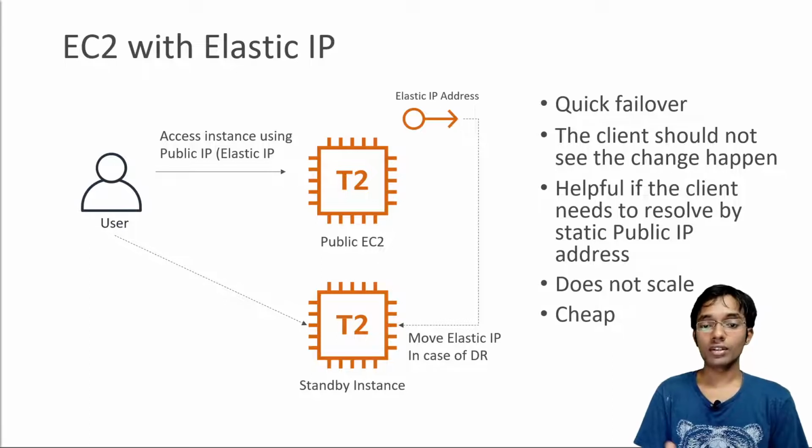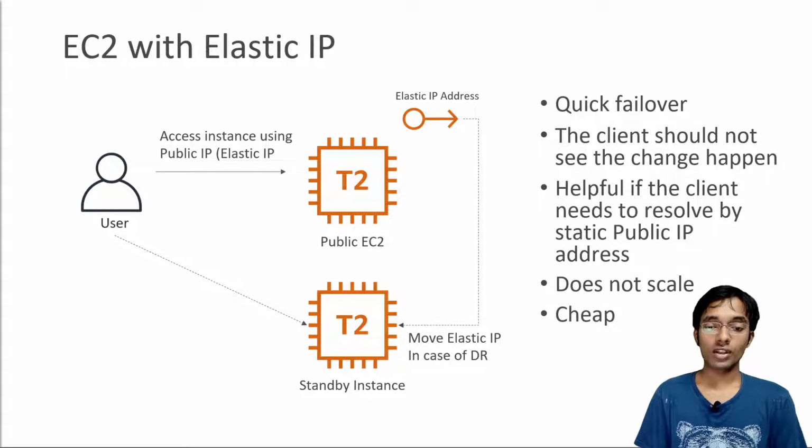In case we want to fail over, we move the Elastic IP address over to the second EC2 instance. Then our user will be redirected automatically to the standby instance, because they have been using the Elastic IP address.